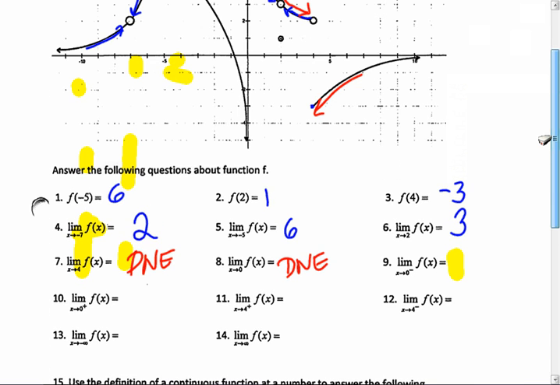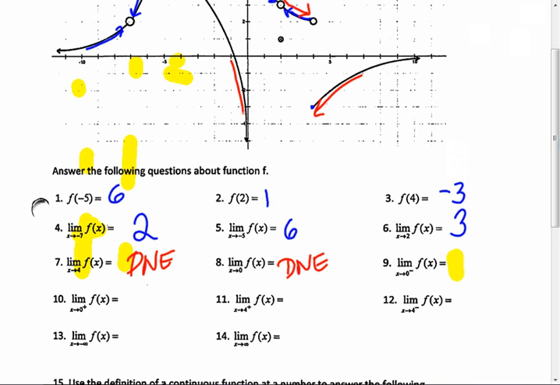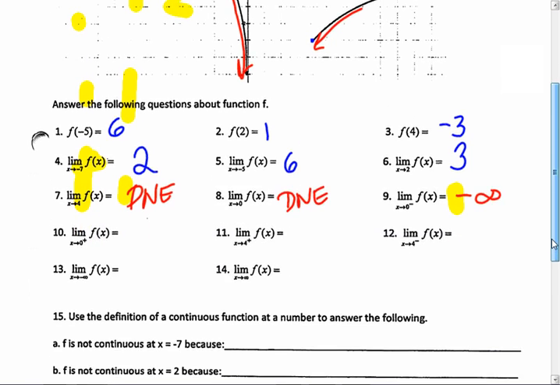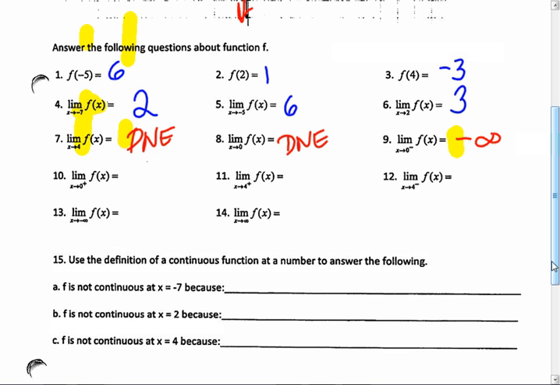What is the limit at 0 from the left? Negative infinity. And 0 from the right, I have to slide it a little bit. You're going up this way, it's positive infinity. Okay, and I really don't know why they did 4 here, where they really should have looked at 11. 11 and 12 should be done first.